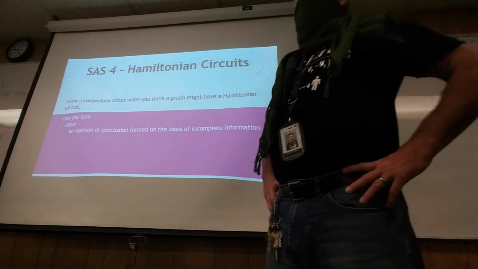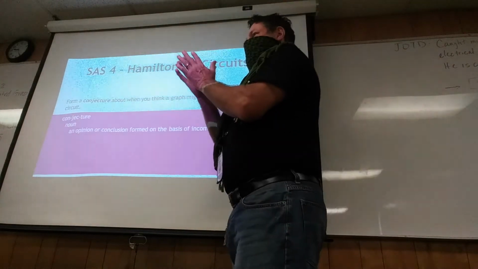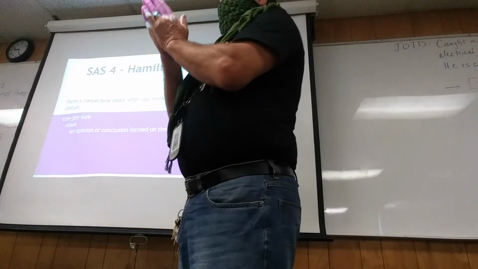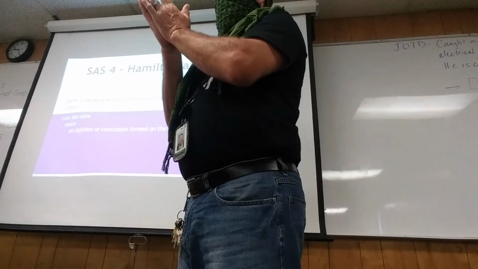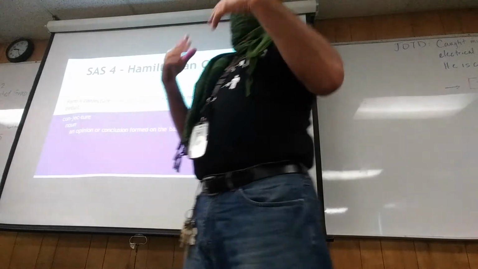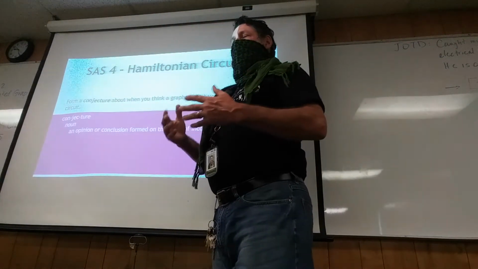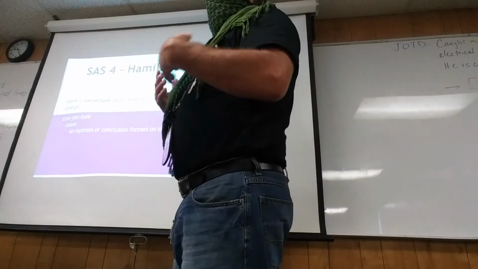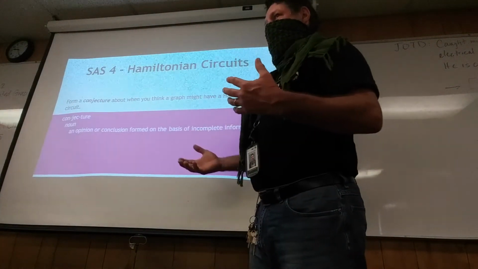I never thought about this until this year, but as long as you have a pathway between every vertex to every other vertex, a circuit will exist. Do you understand why that's true?